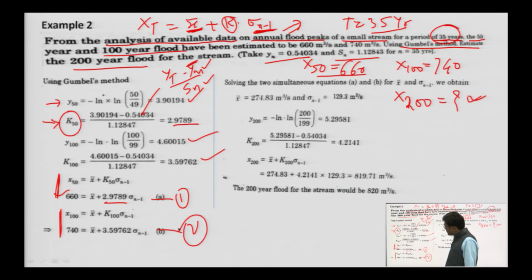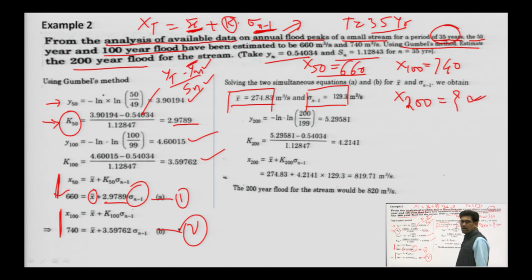By solving these two, we can calculate the value of x bar, the mean, which is 274.83, and the standard deviation.